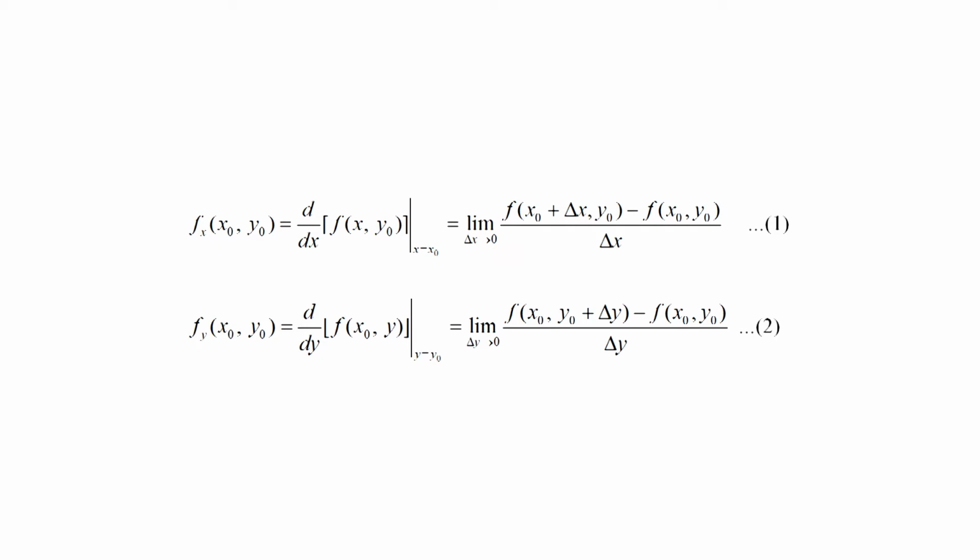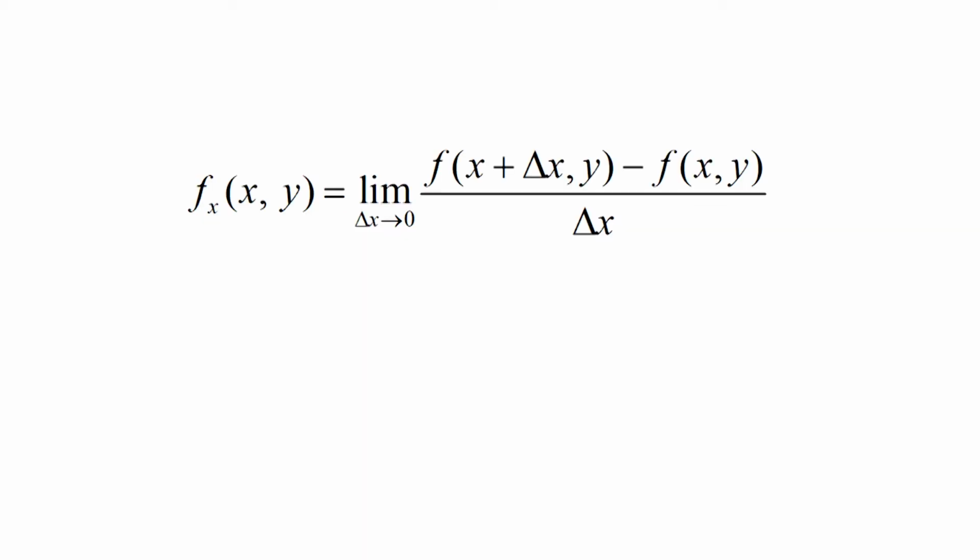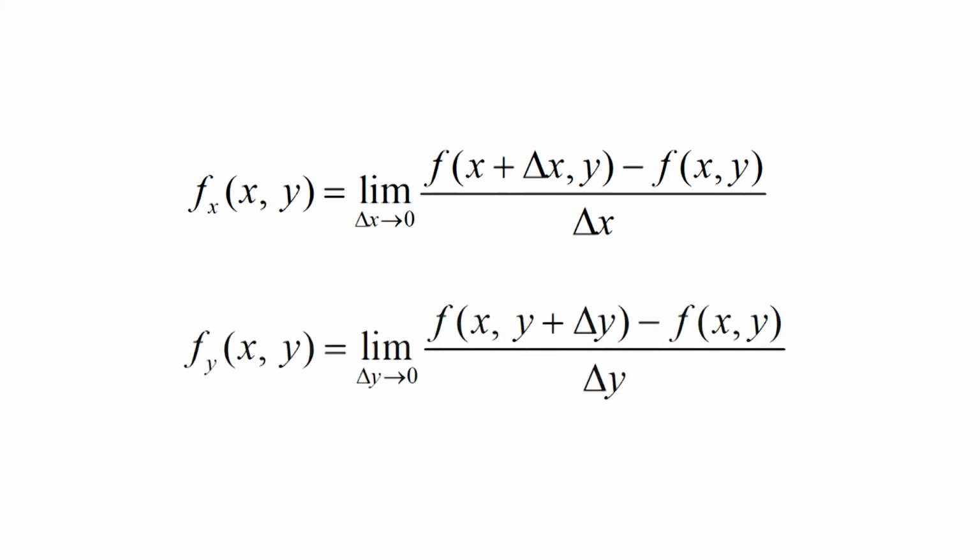These are defined by f_x(x,y) is equal to the limit as delta x tends to 0 of [f(x + delta x, y) - f(x,y)] divided by delta x, and f_y(x,y) is equal to the limit as delta y tends to 0 of [f(x, y + delta y) - f(x,y)] divided by delta y.